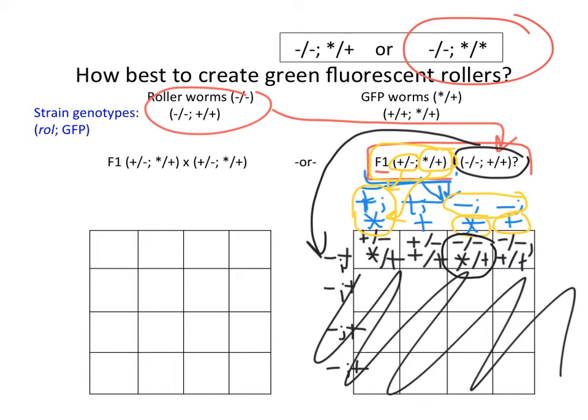Will we get one of those if we do the cross on the left, the Punnett square we haven't filled in yet? If both parents have a minus allele and both parents have an asterisk allele, is there any chance that we get all 4 of those together in one worm? So I'm going to set up the Punnett square. You tell me where the worm is that we're looking for.